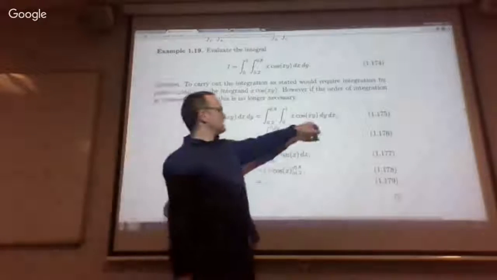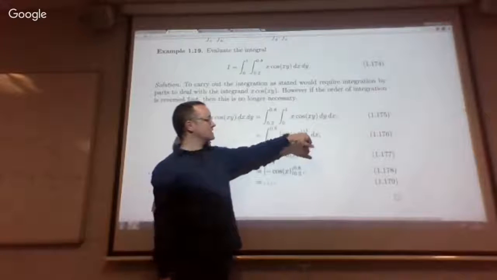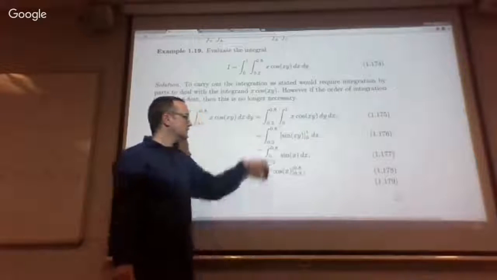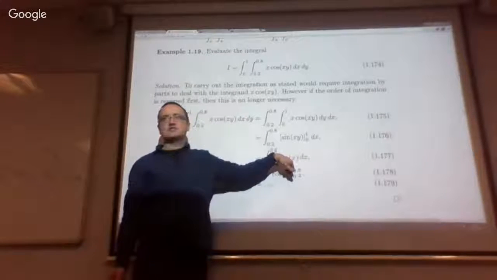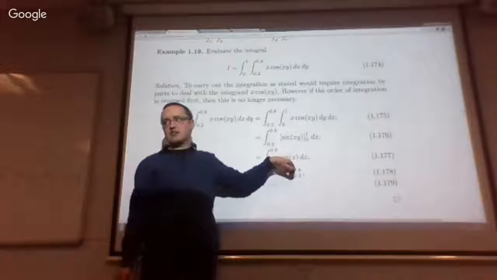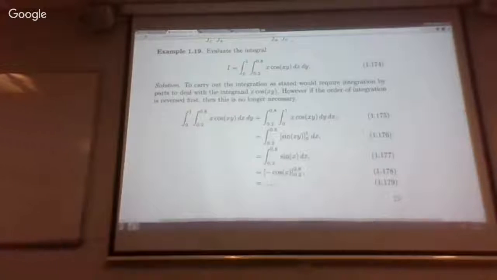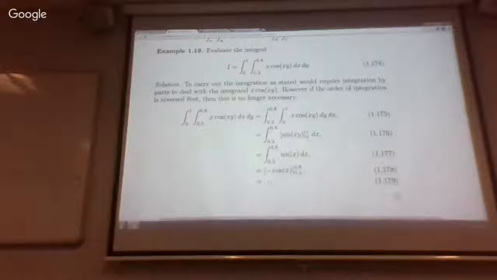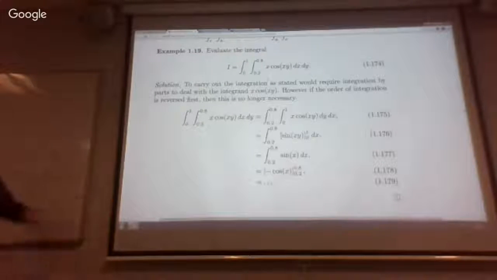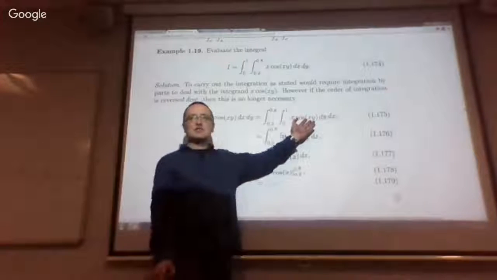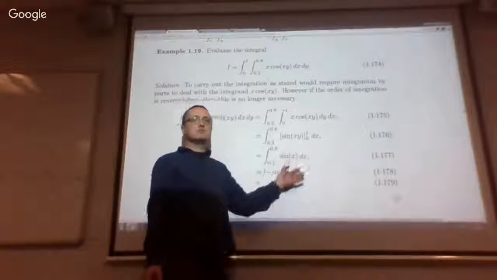We just integrated with respect to y, so when we evaluate this at y equals 0 and 1, the integrand reduces even simpler. Now just integrating sine of x is a nice integral, minus the cosine. So changing the order here is a very nice thing to do. It makes the evaluation a lot smoother.